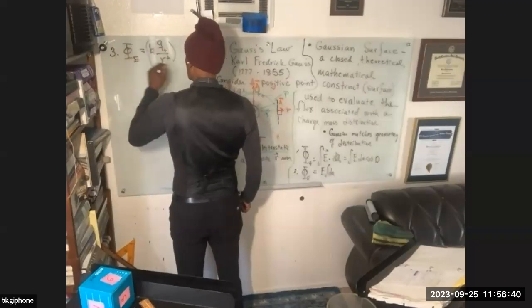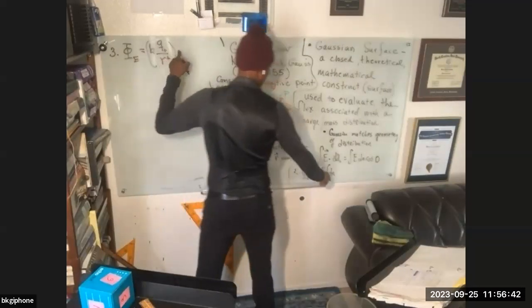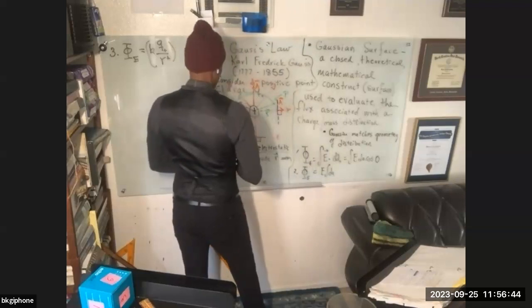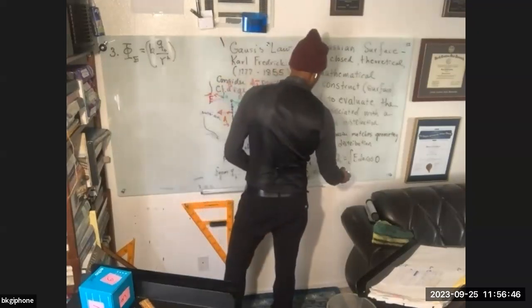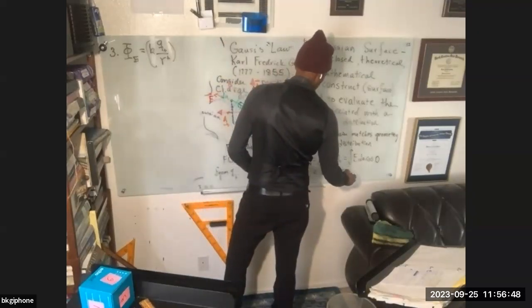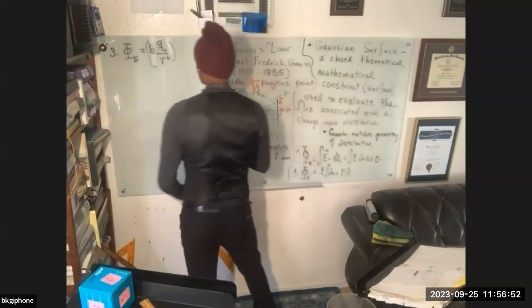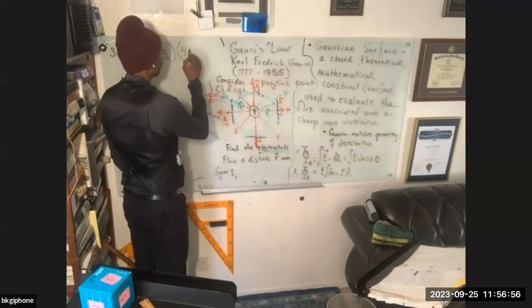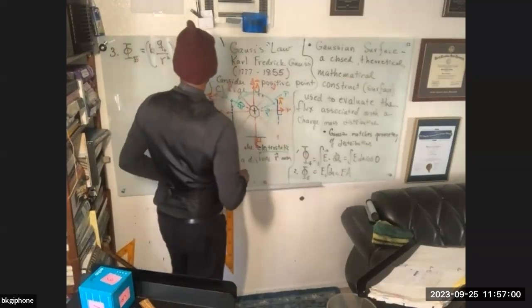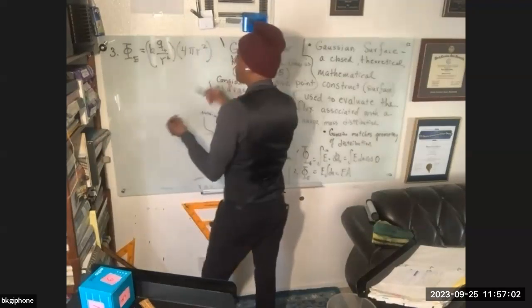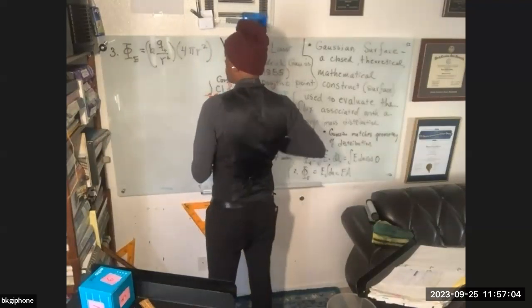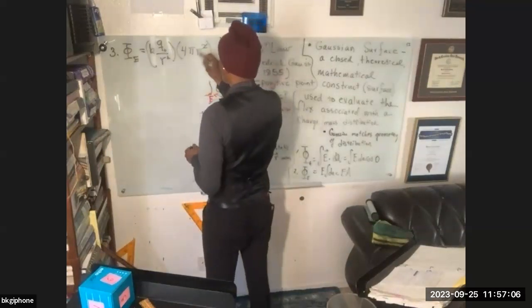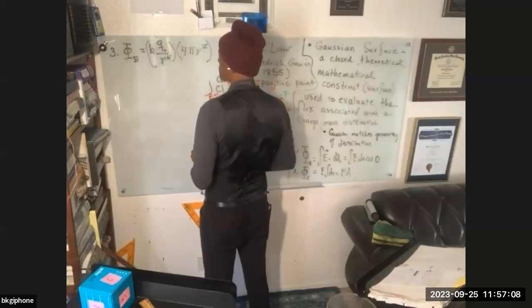Okay. But then the area of a sphere, let's call that E A for a sphere. The area of the sphere is 4 pi r squared. So when you work this out, what you see is that the r squared cancels.